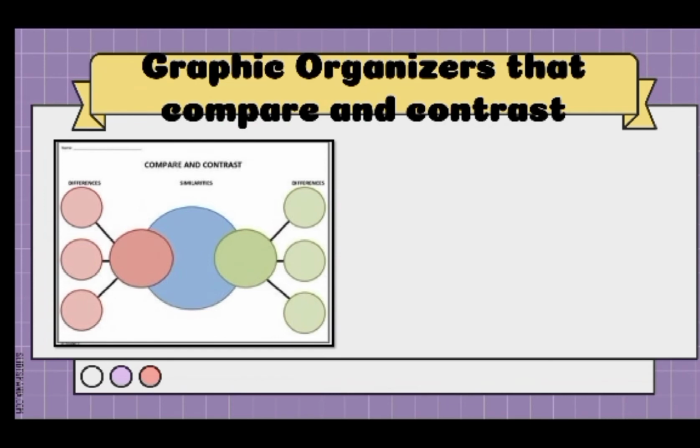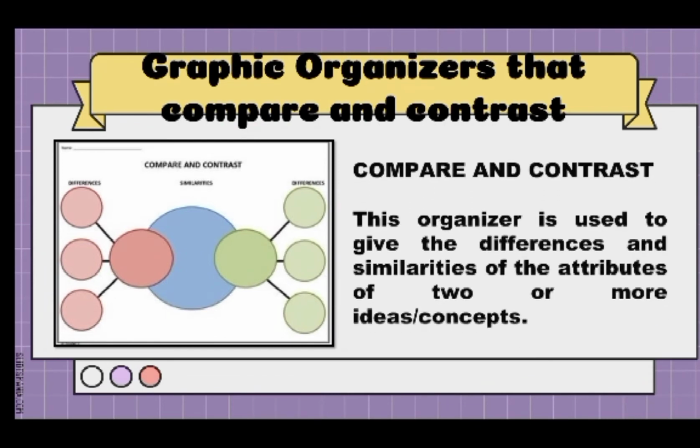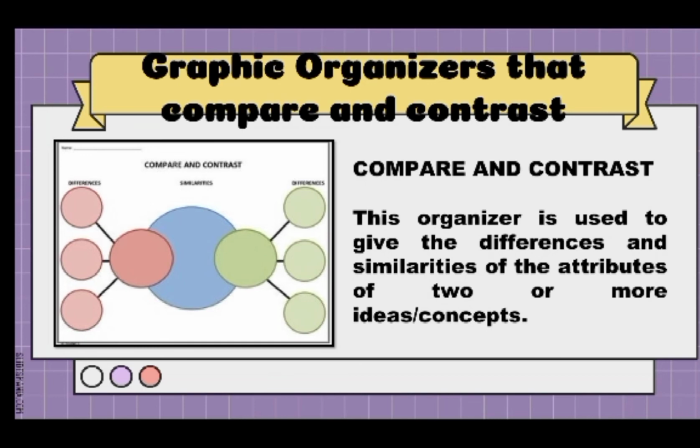A compare and contrast organizer is used to give the differences and similarities of the attributes of two or more ideas or concepts. You can create your own graph in here, but what is most important is to understand how the text enumerates their similarities and differences.